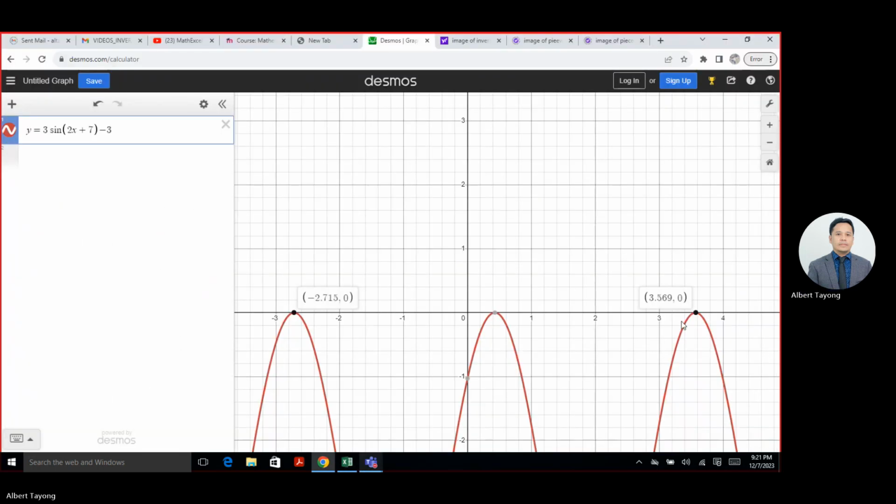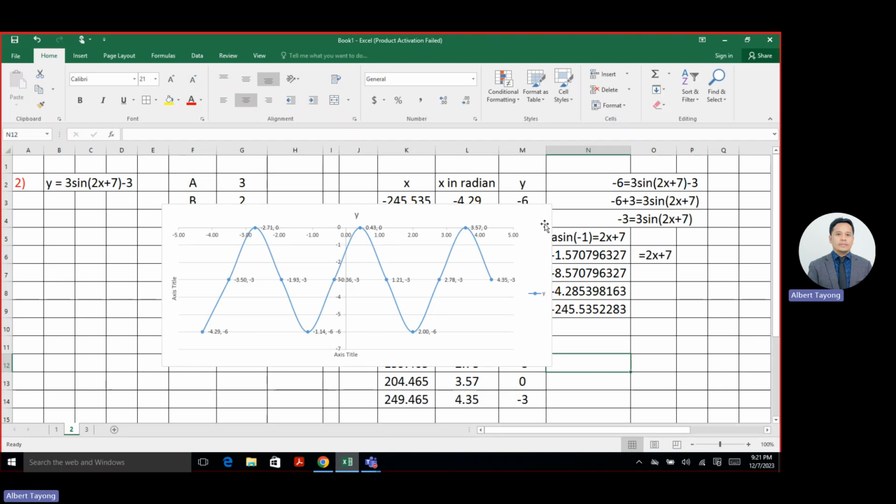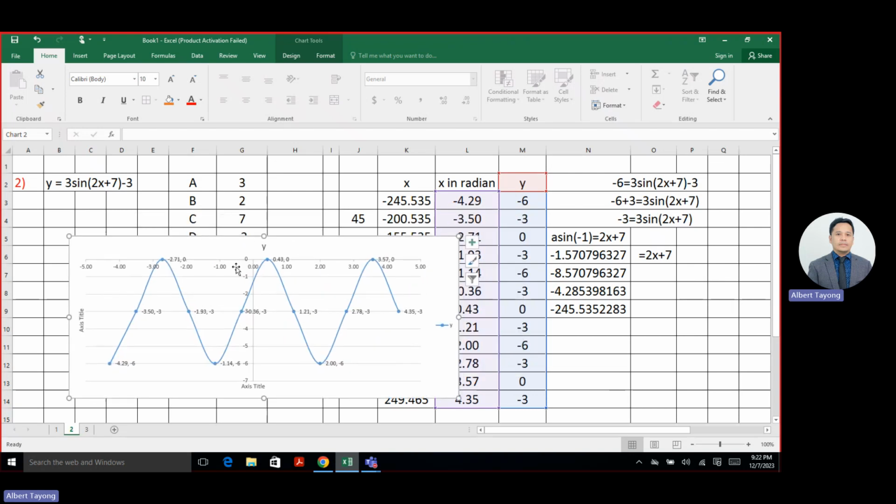So it's exactly the same. All right. So later I'll be showing you how to solve the x-intercepts. Okay, so this video is particularly on how to graph the sine or cosine function. Later, I'm going to show you how to find the x-intercepts.